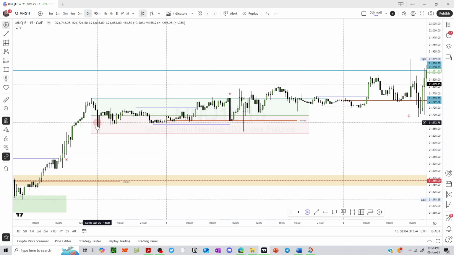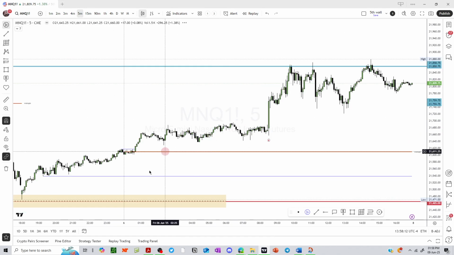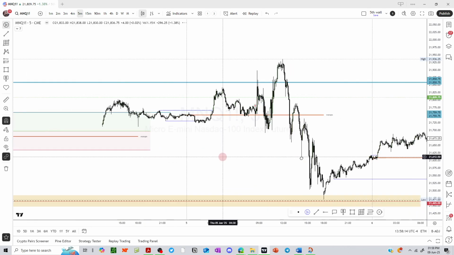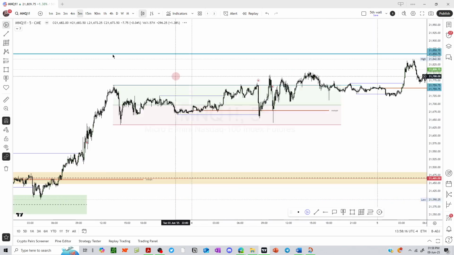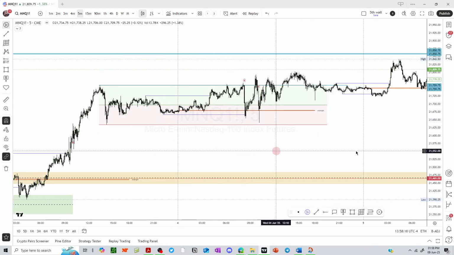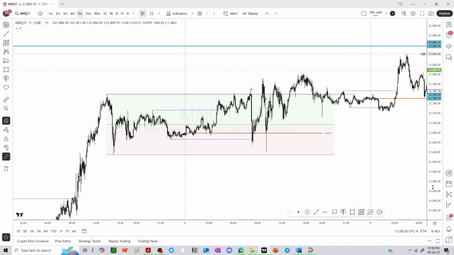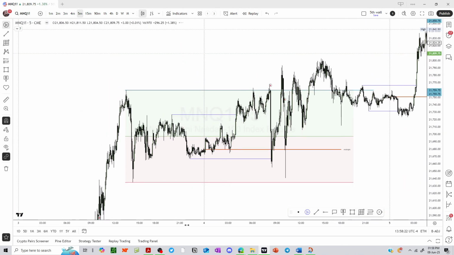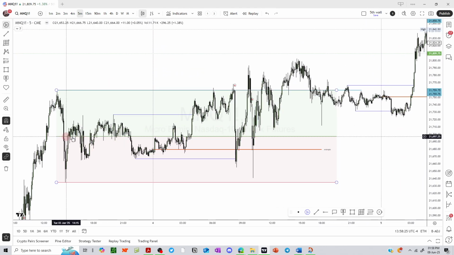Right, so that's this range prior to price breaking out. And then we drop down to the 5-minute. Still that tight range. Obviously, nothing changed, but we can see discount to premium better.